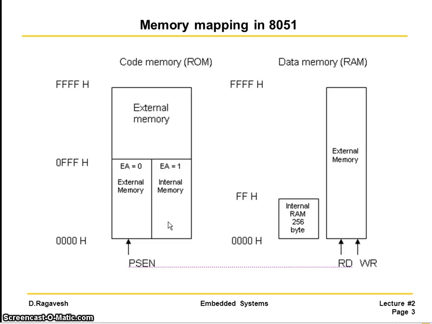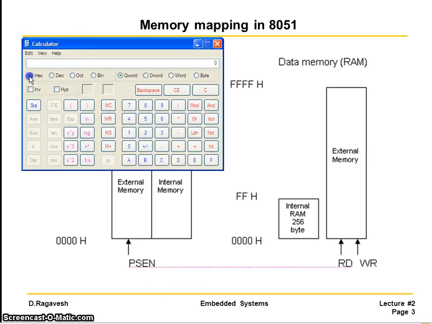You can see here the code memory has an address spectrum from 0000 to FFFF. It is hexadecimal notation. If you convert the hex value FFFF into decimal, you will find 65,535. Since it starts with 0, we have to add 1, making 65,536.